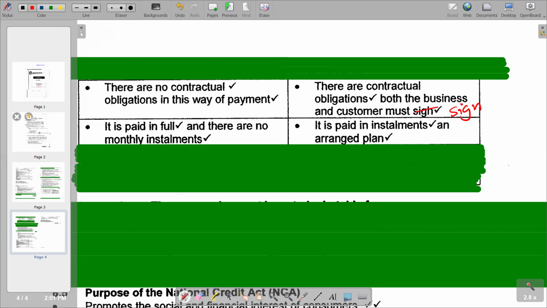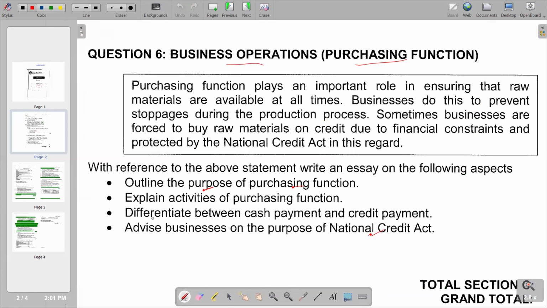And obviously, we are now going to the last part, the additional part, where you are going to advise the business on the purpose of the National Credit Act. Remember, it is there to ensure that there are registrations of credit bureaus and debt cancelling services. So registration becomes one of the main purposes of the National Credit Act.